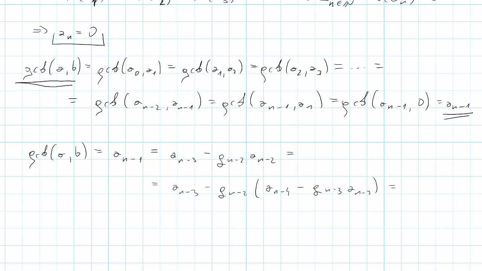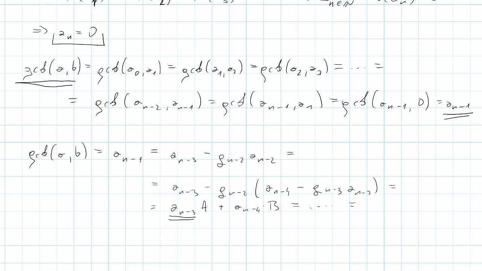So this is nothing else but a_{n-3} times something, some element a, plus a_{n-4} times some other element b, and so on and so on. Now we'll replace a_{n-3} using a_{n-4} and a_{n-5}, and so on and so on.